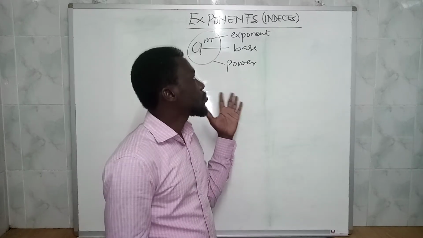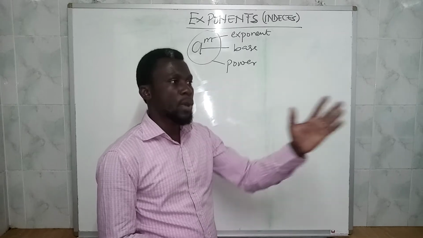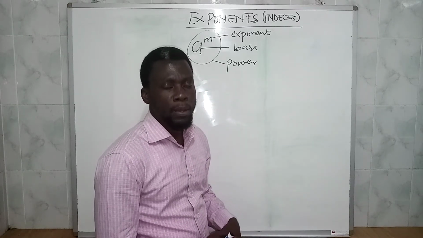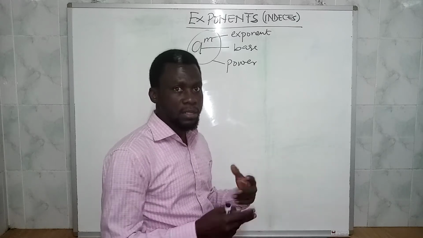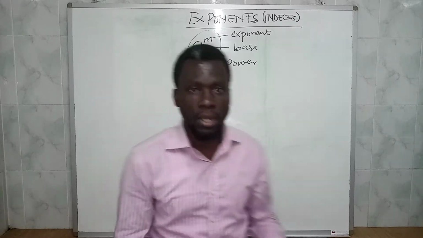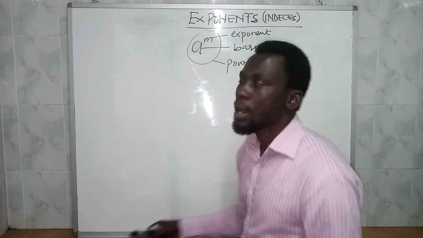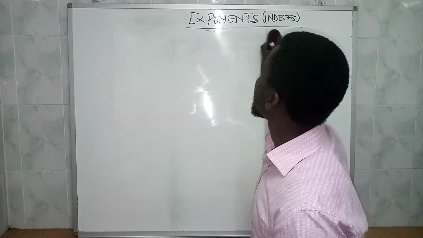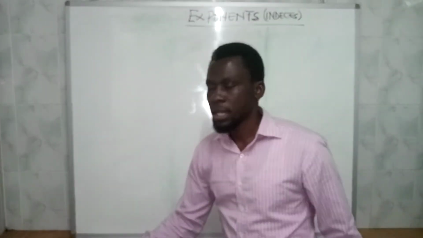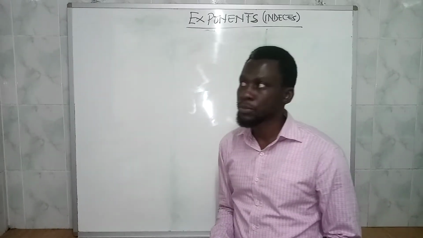So we cannot simply go straight away and start solving questions without familiarizing ourselves with the rules. So let's quickly look at the rules of exponents. We'll look at 5 major rules that we shall be applying from time to time.